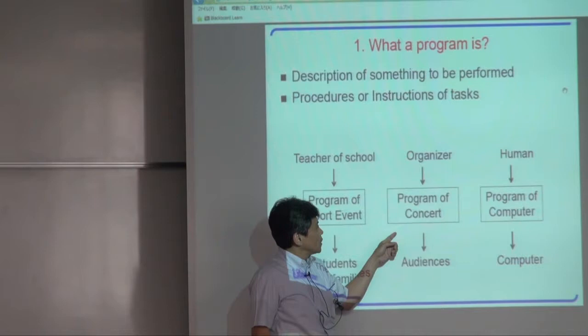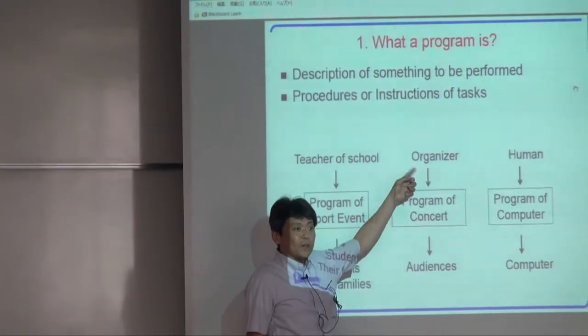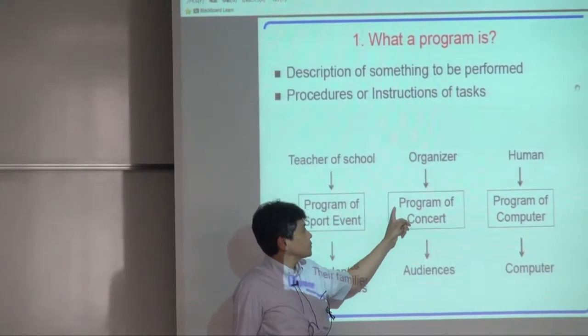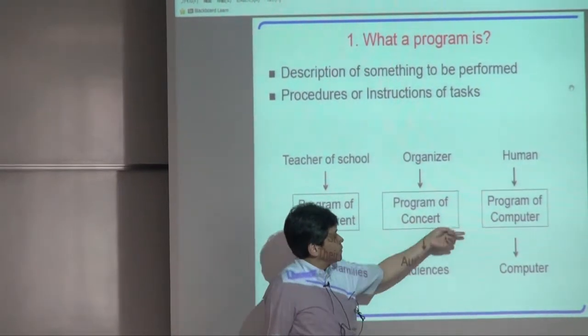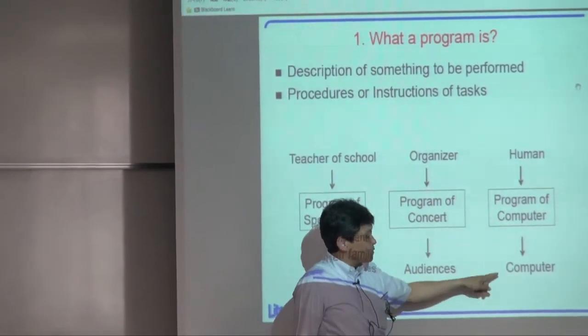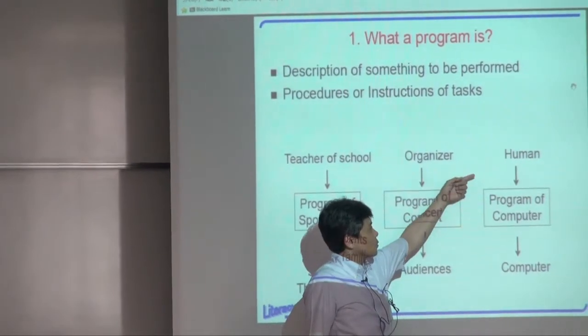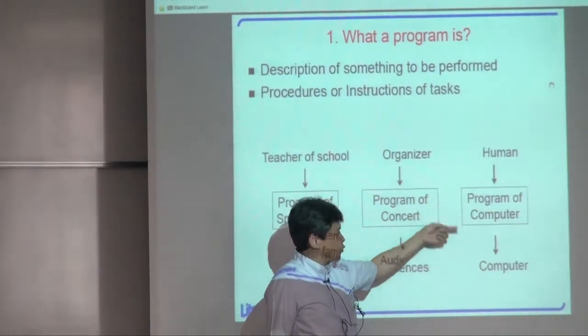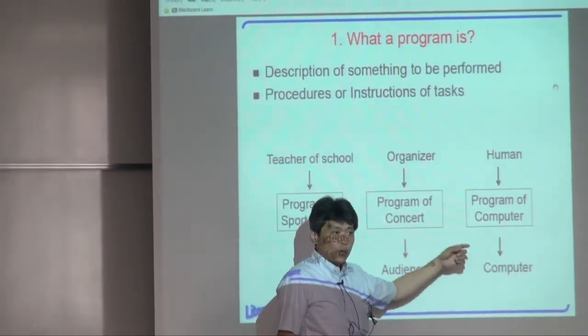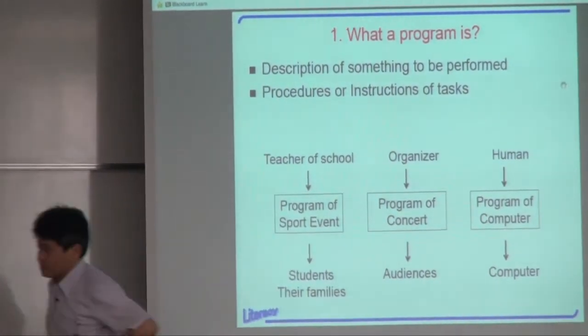Also, a concert organizer has to provide a program of the concert for the audience. And in computer systems, humans have to make a program to solve a problem using the computers.